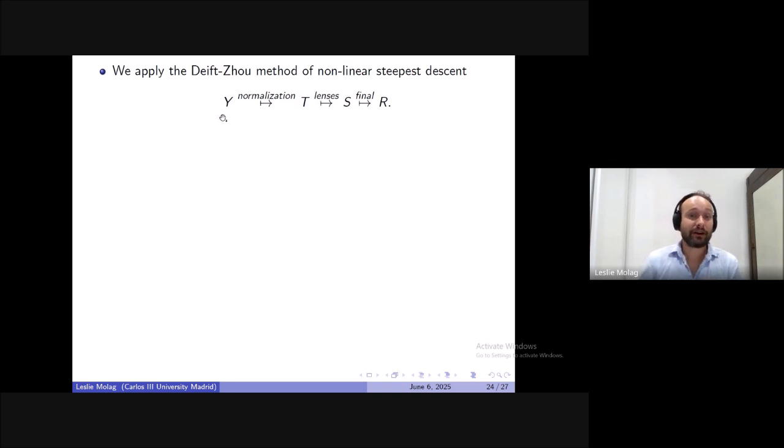It consists of a series of transformations that transforms the original Riemann-Hilbert problem to a new Riemann-Hilbert problem, until finally you are at some final Riemann-Hilbert problem for, well, I'm calling it R here, that in some sense is simple enough to understand the large n behavior. And then once you have the large n behavior of the final transformation R, you can actually invert all these transformations and then find out what that means for the large n behavior of Y.